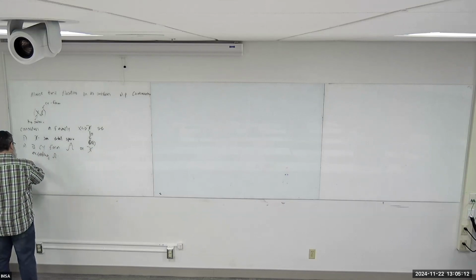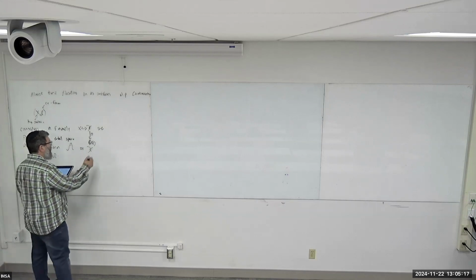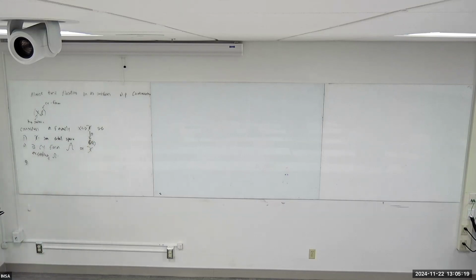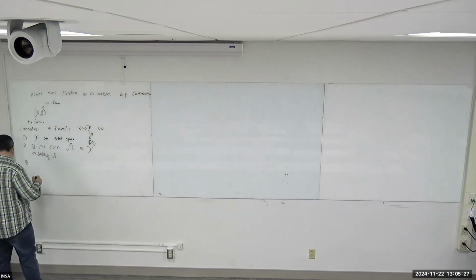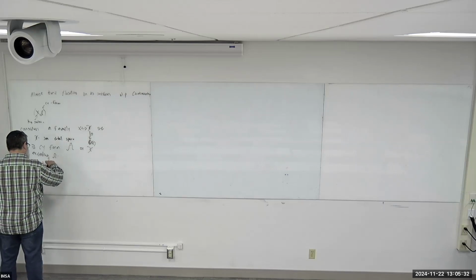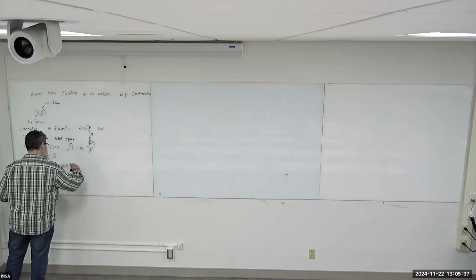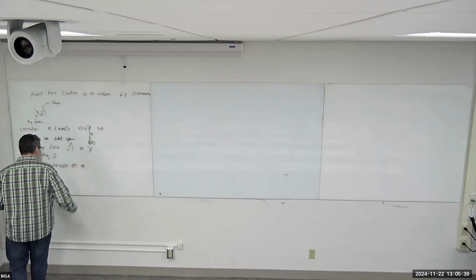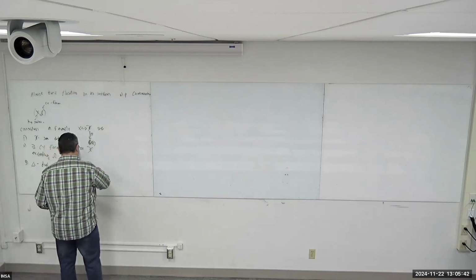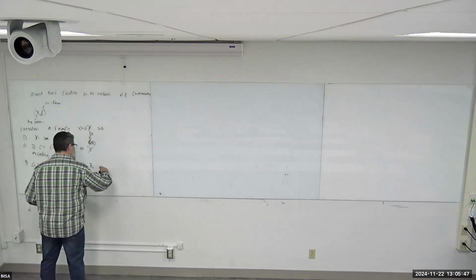We are of course assuming that there's some central fiber X0, and whenever you have this, you can associate with it a dual intersection complex, and the assumption is that delta, the dual intersection complex of the central fiber, is two-dimensional.